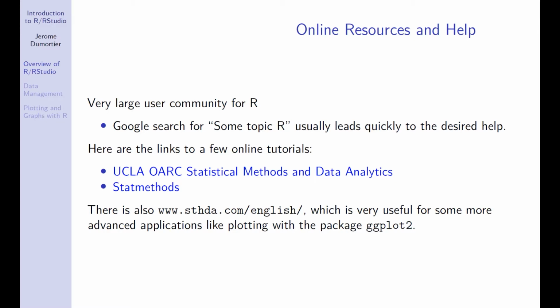If you prefer a little bit more structured tutorial, there are many online tutorials available. Here I have listed two of them. One is from the University of California, and the other one is called Stat Methods.